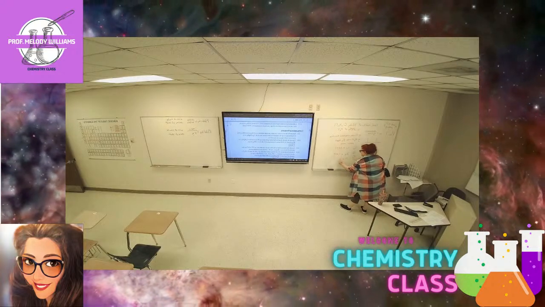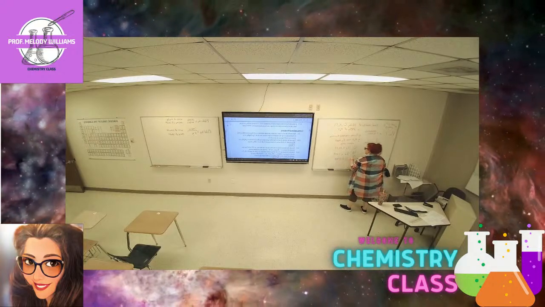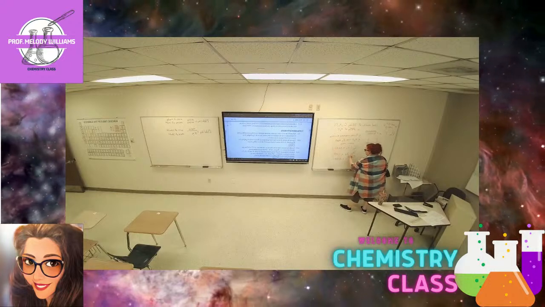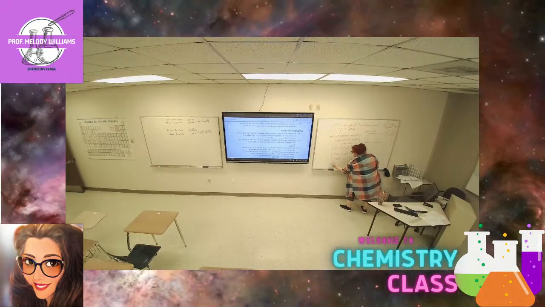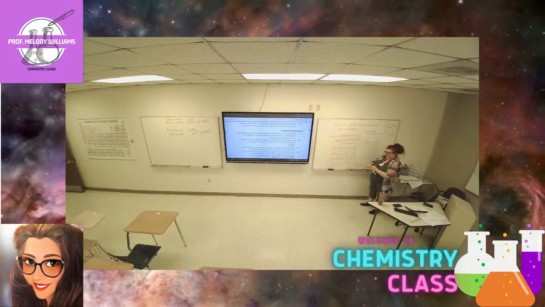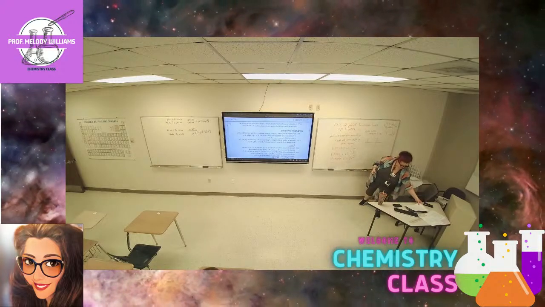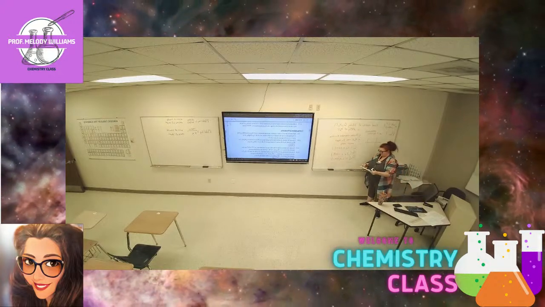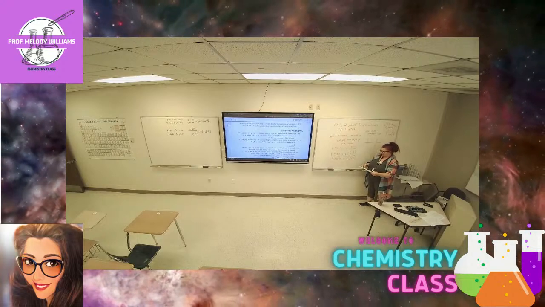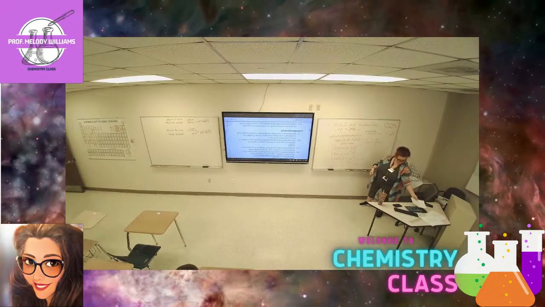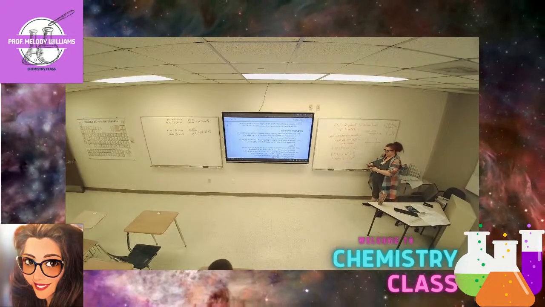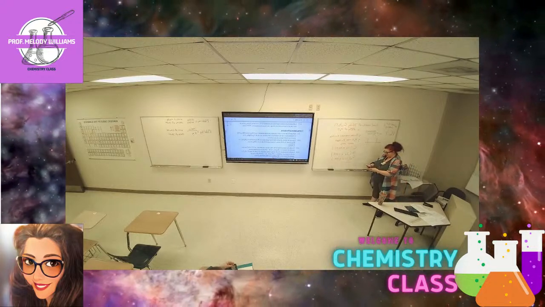I think this is 15.999, right? Got to multiply each of these individually, then add them up. What do we got? Y'all got your calculators? Okay, I was just double checking my numbers. What did y'all get for that molar mass?